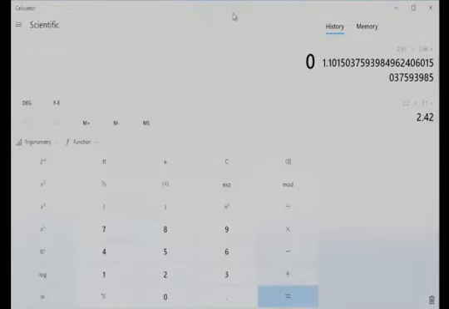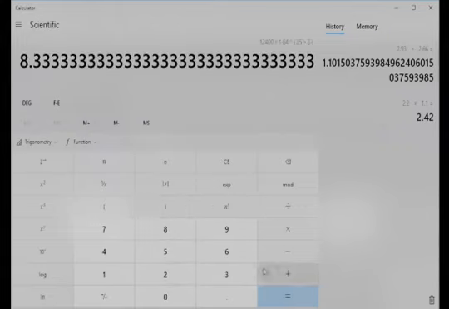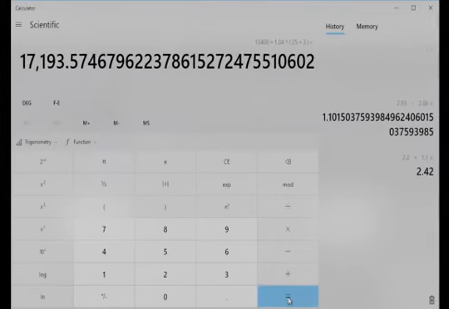Okay, so we're going to do 12,400 times 1.04 to the power of, and the power of button is x to the y or y to the x. Open a bracket, 25 divided by 3, close the bracket, and then you have to press equals to get your final answer, and we're getting 17,193.